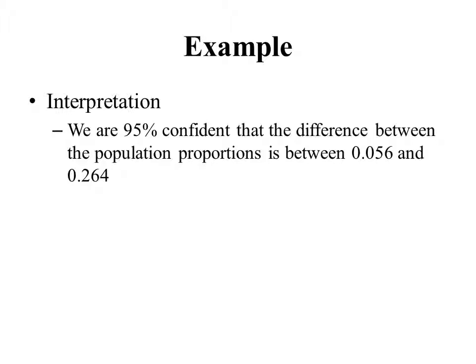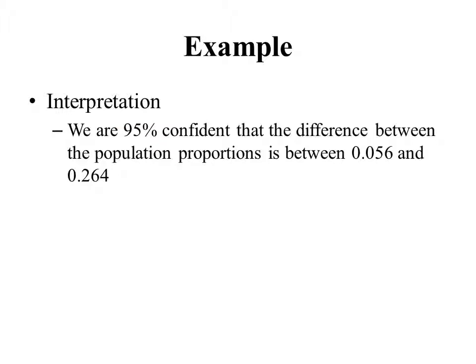Now we would interpret this confidence interval in the same basic way as we interpreted confidence intervals in previous sections. We would say that we are 95% confident that the difference between the two population proportions is somewhere between 0.056 and 0.264.